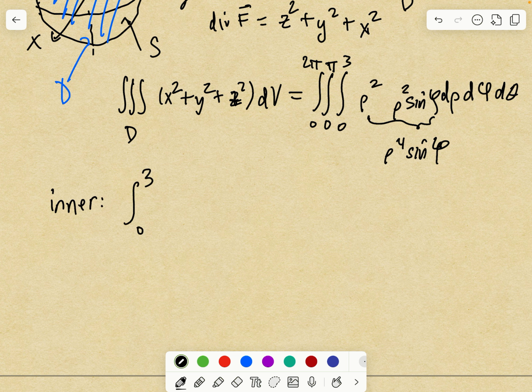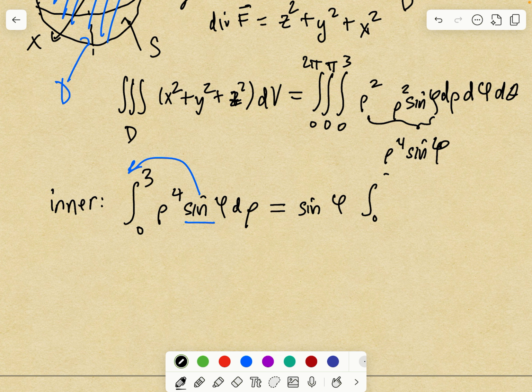We get the integral of rho to the fourth power times sine phi d rho. Notice that sine phi is a constant with respect to rho, so you can move it out. It's going to be sine phi times the integral from 0 to 3 of rho to the fourth.